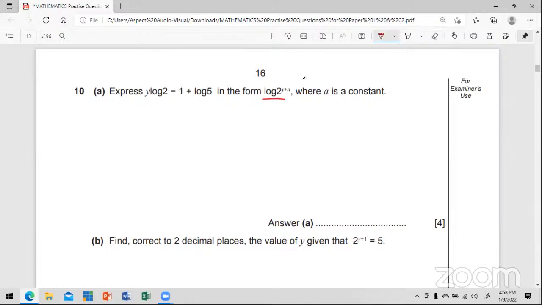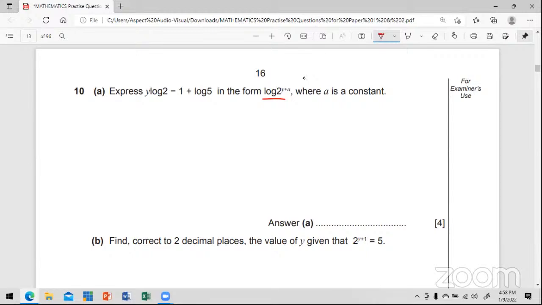But when you look at that, it's still in the form of a single log. That is the way forward altogether. Where a is a constant. No, it's fine. It's okay. Altogether, it's fine. So our steps were fine.